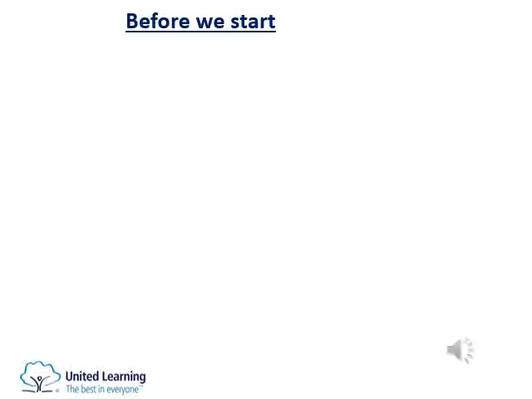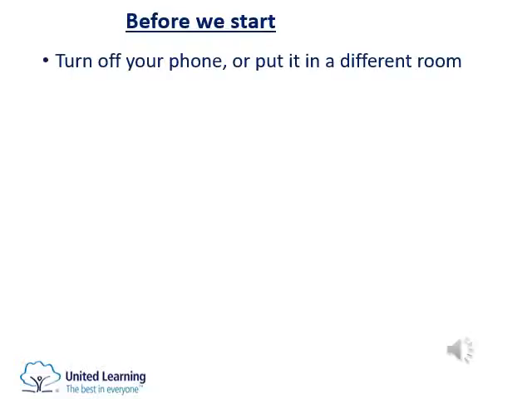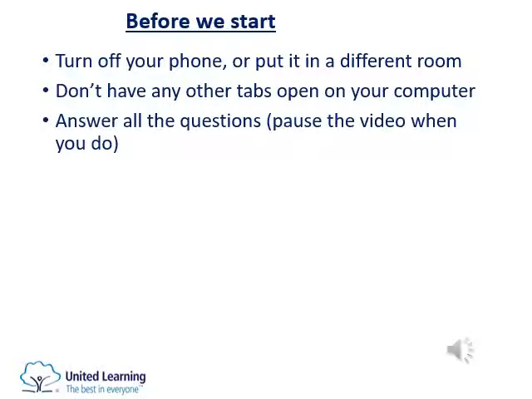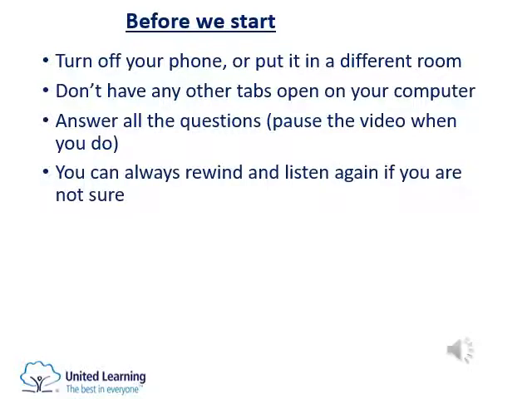Just quick reminders, like I say each week: make sure your phone is turned off or put into a different room, and you don't have any other tabs open on your computer. I want you to try every single question that I ask you to during this lesson, even if you're struggling. Whilst you're trying these questions, you're going to need to pause the video, attempt these questions independently, and then we'll go through the answers when you replay the video.